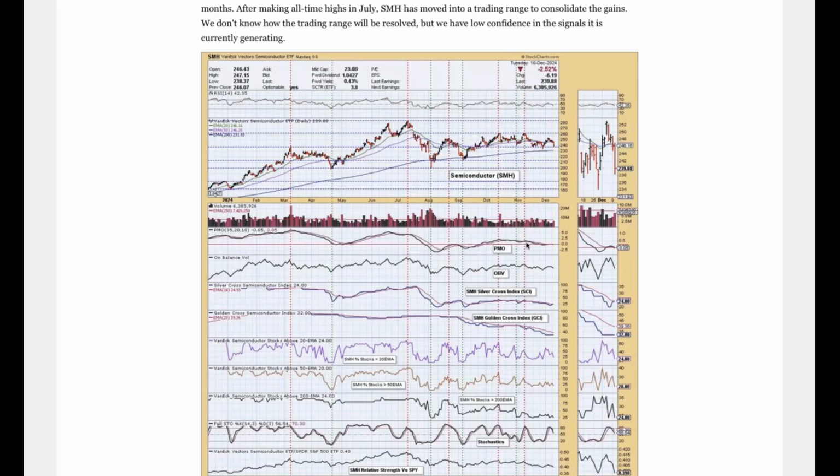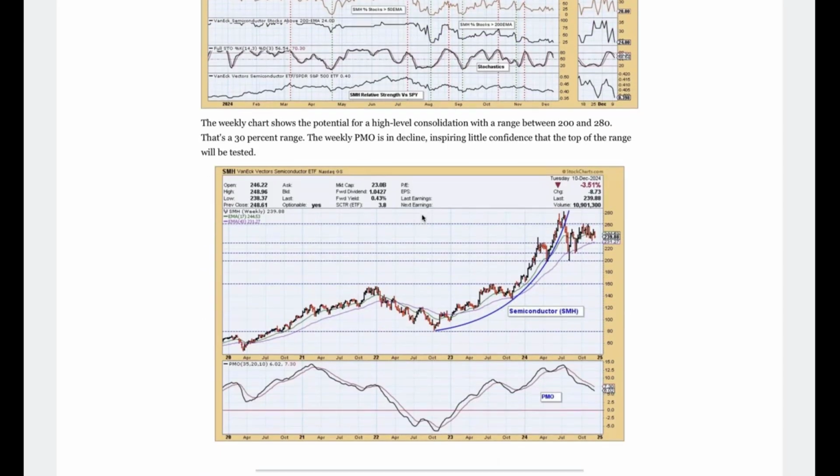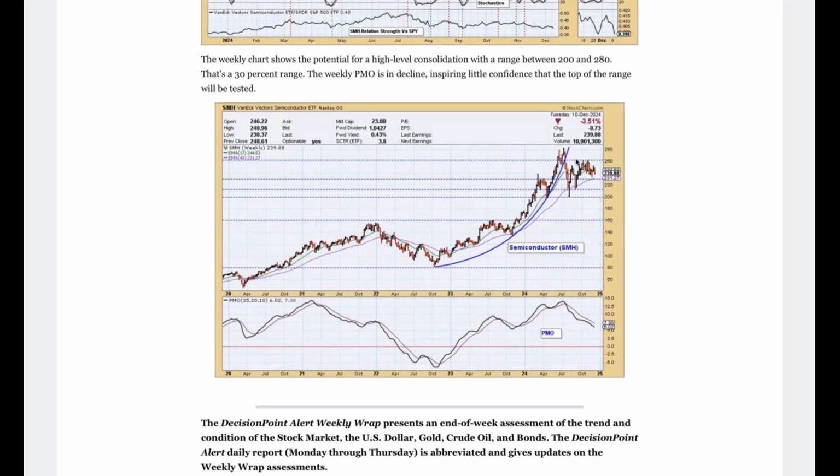The PMO is drifting lower. It's now below the 0 line. So there are a lot of signs on this chart that there are problems with semiconductors. We don't see anything there that says we're going to get a big rally. And on the weekly chart, we're in high-level consolidation. It certainly is vulnerable to moving back down to the 200 range, or possibly making it back up to new all-time highs.